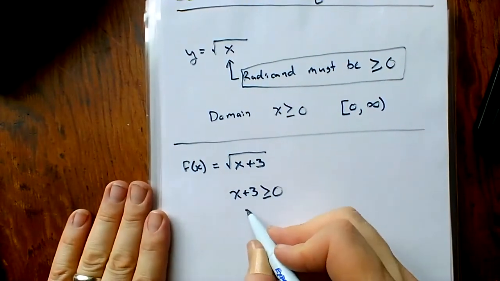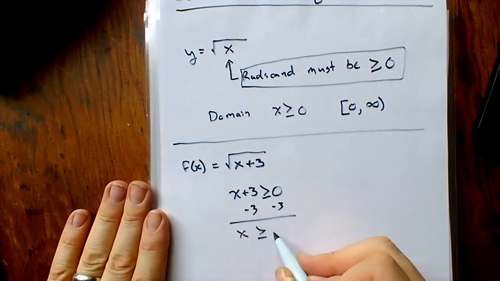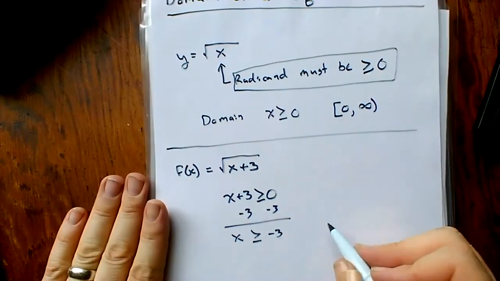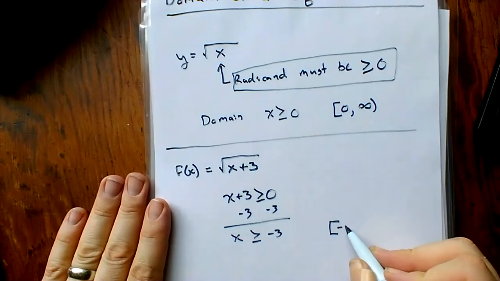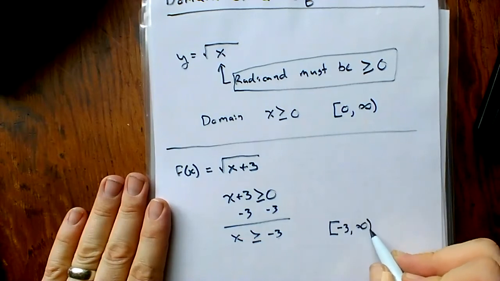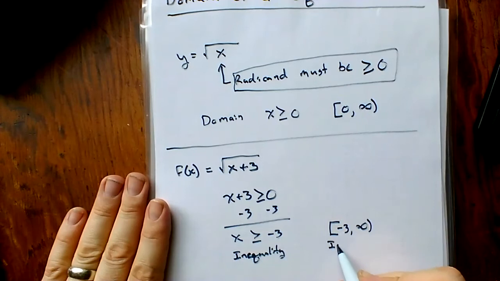I can solve that, just subtract 3 from both sides. x would have to be greater than or equal to negative 3. Or since negative 3 is my lower endpoint, this would look like negative 3 all the way up to infinity. This is with our inequality notation, and this is with our interval notation.